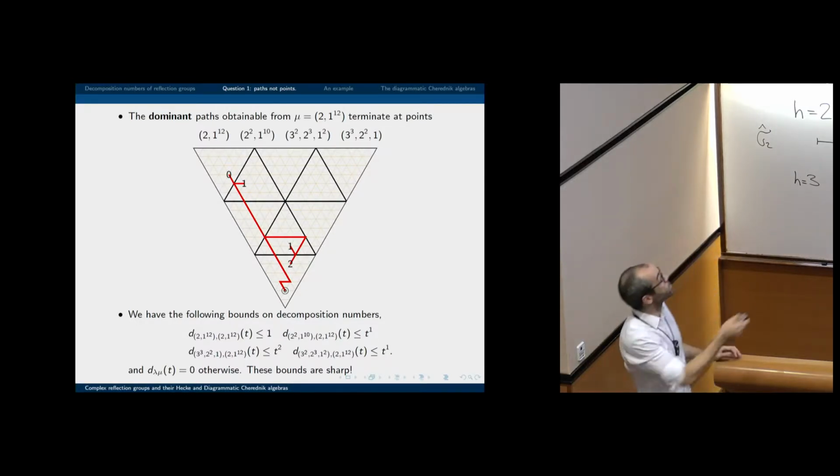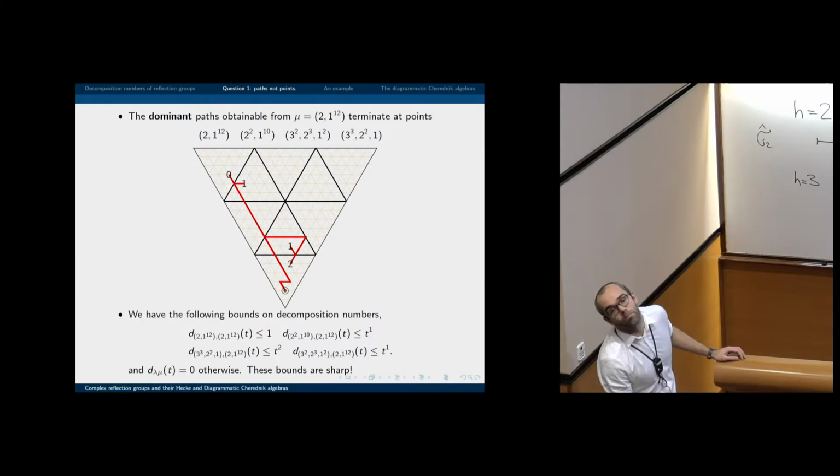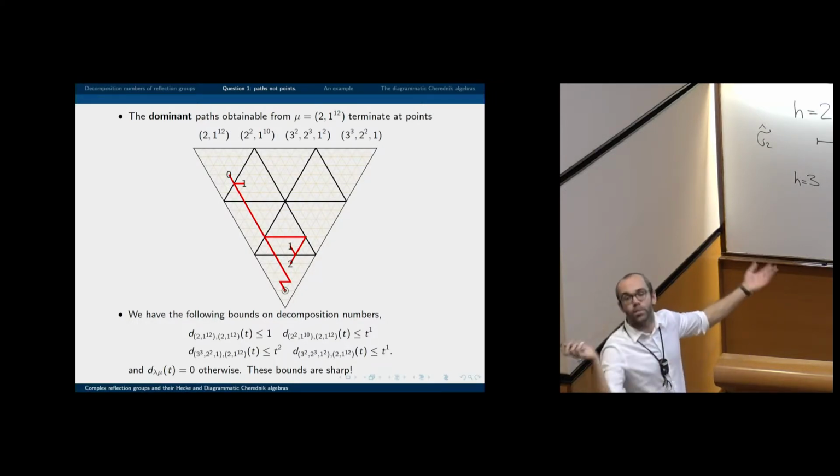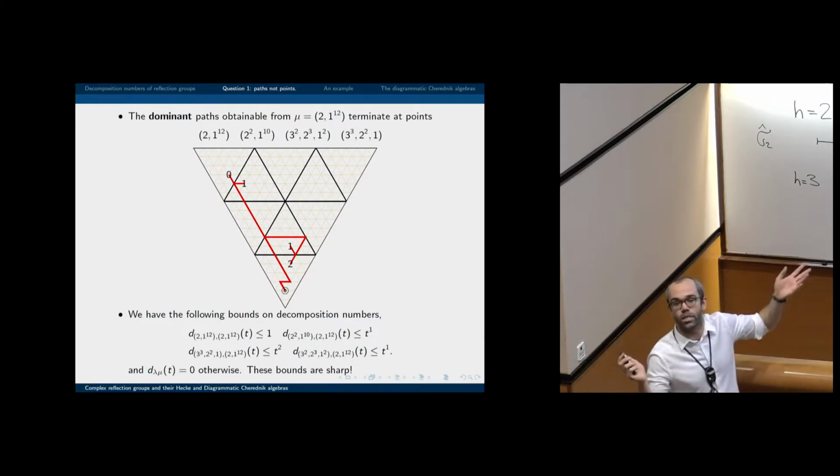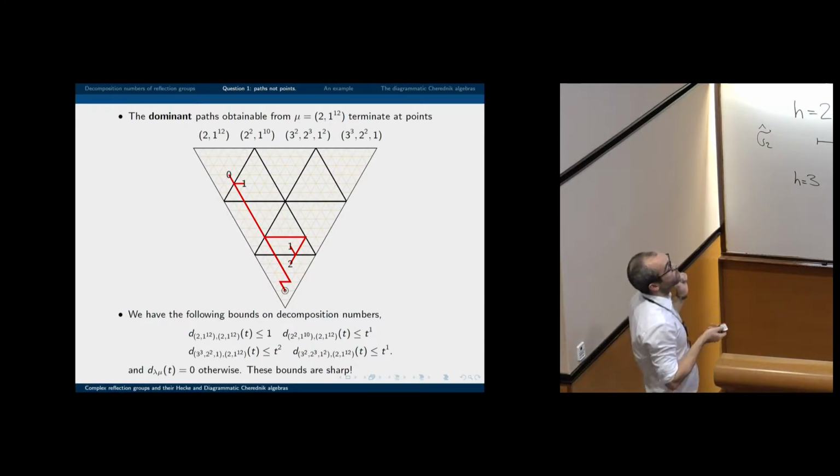Oh, sorry, it's 6 in this case, because that's what I chose for my example, so I guess this would only work for e equals 6. It would have to be a quantum thing, but I can draw the same picture with any prime, and it all works the same. And these bounds are sharp in this particular example. So here, this actually calculates these decomposition numbers.